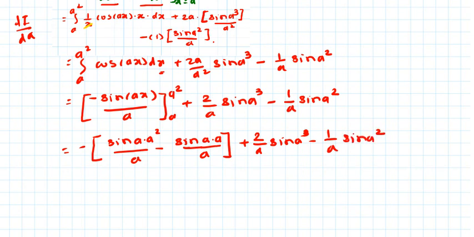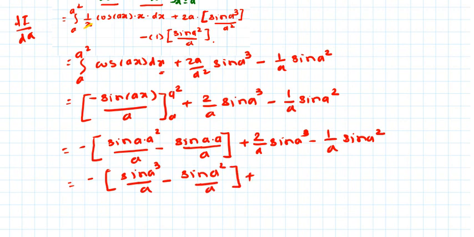So this will be minus sine of a cube upon a minus sine of a square upon a, plus 2 by a sine of a cube minus 1 by a sine of a square.